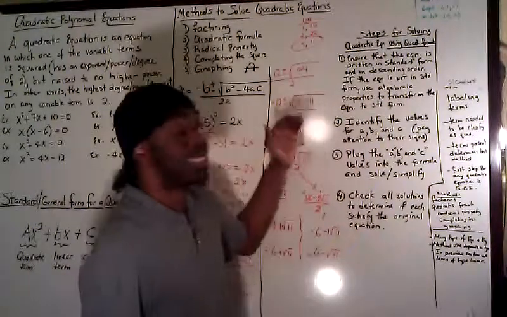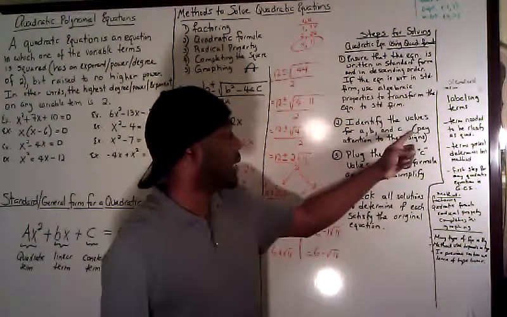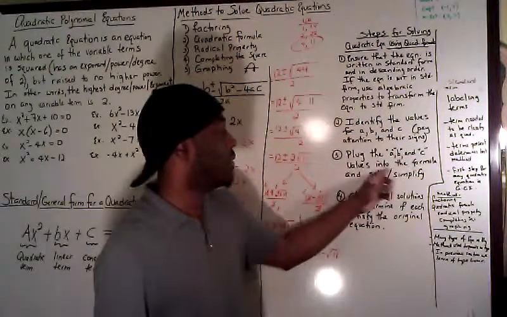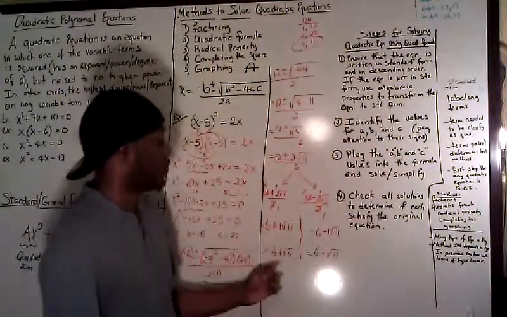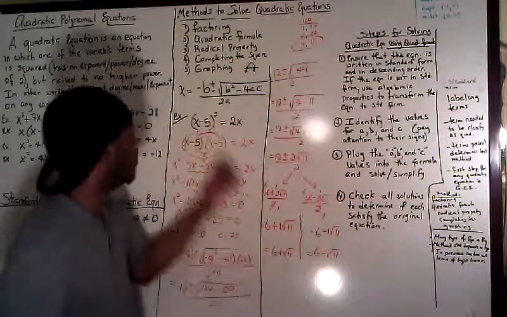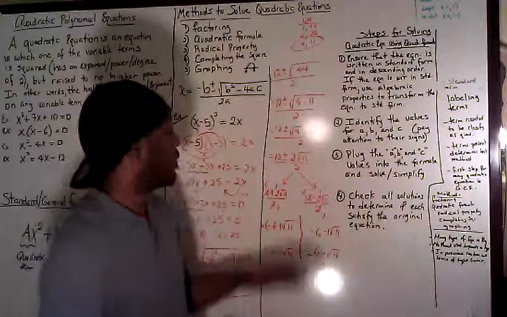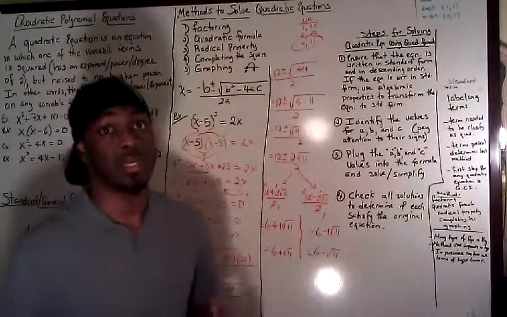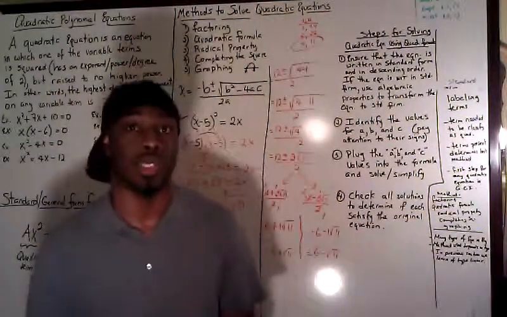Once the equation is in standard form, identify the values for A, B, and C and pay attention to their signs. The third step is we plug in the A, B, and C values into the formula and solve and simplify. And then the last step is we go ahead and check our solutions back into the original equation. And if the solutions satisfy the original equation, then we say that the solution is a valid solution and we keep it as our solution to the equation.